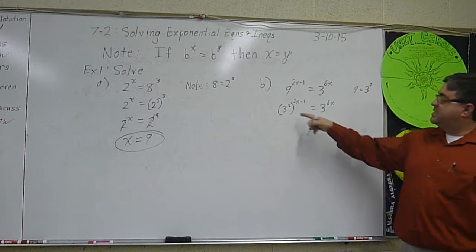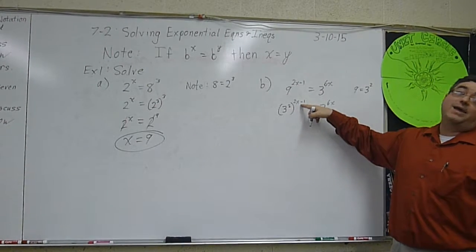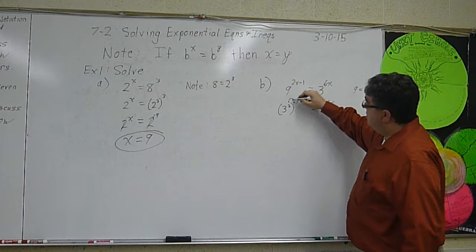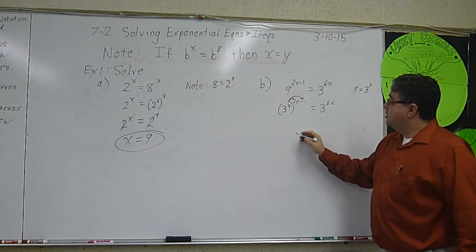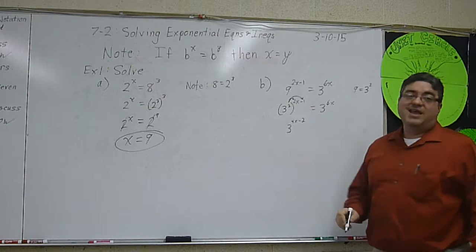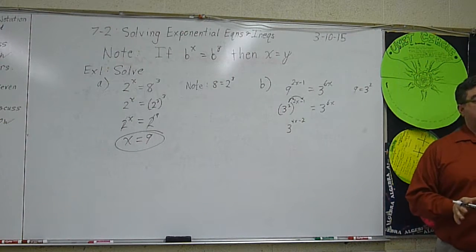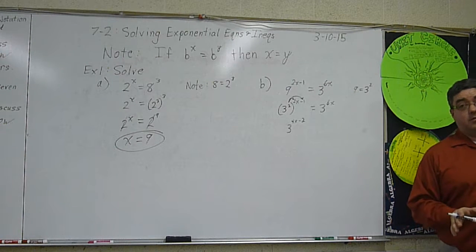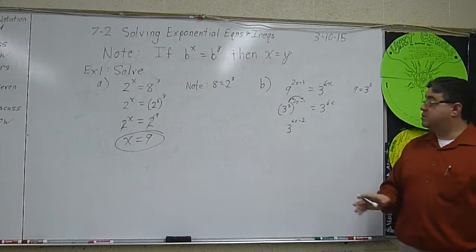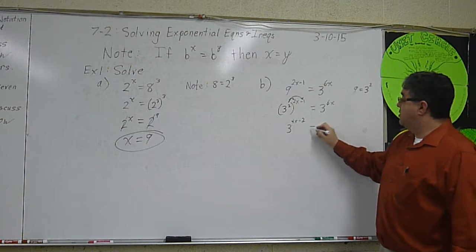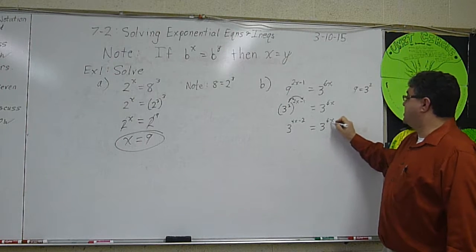Then I multiply this by all of this, which means distribute this. So this becomes 3 raised to the 4x minus 2. It is very easy to make a mistake here and write 4x minus 1, so be careful about that. You have to distribute this 2. And then I've got 3 to the 6x.